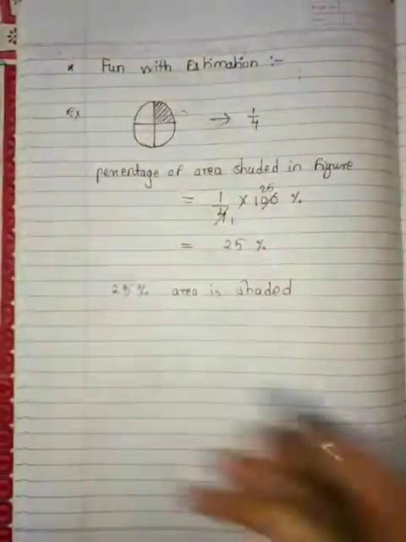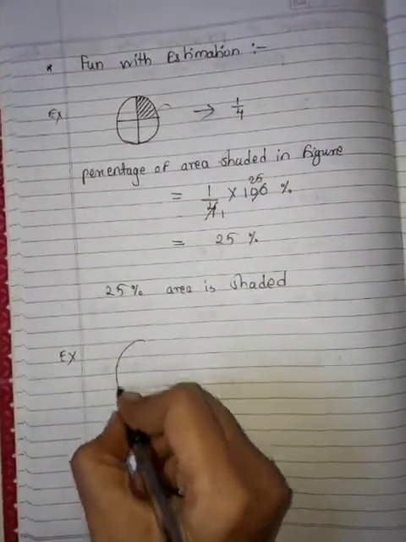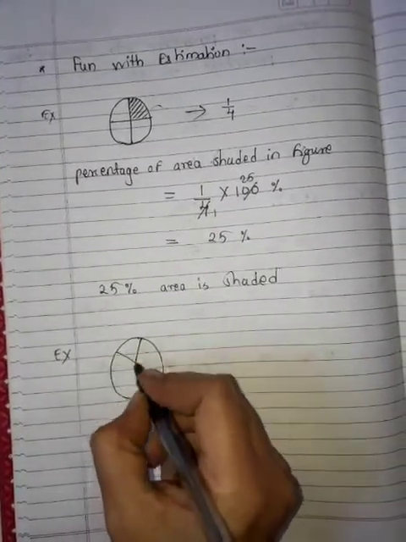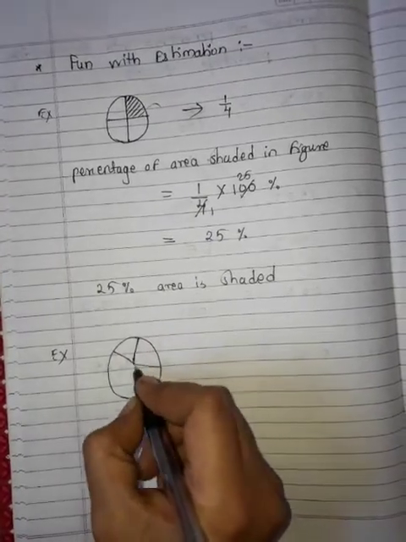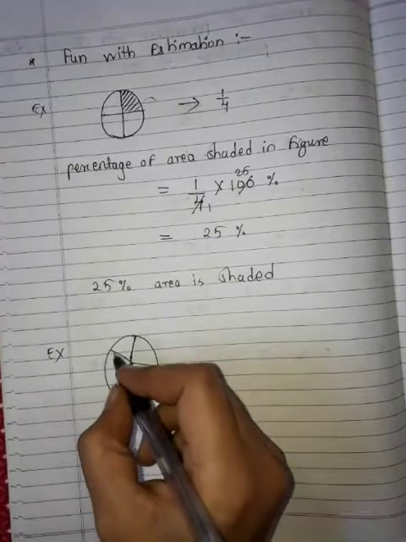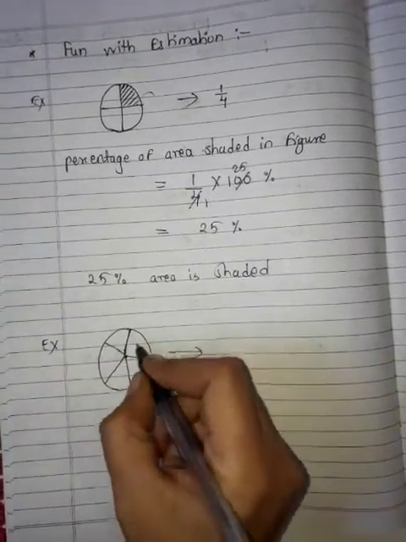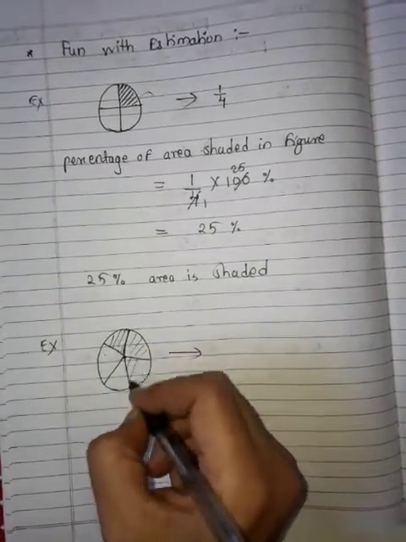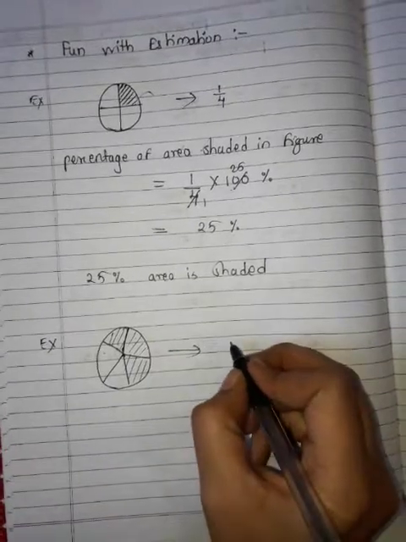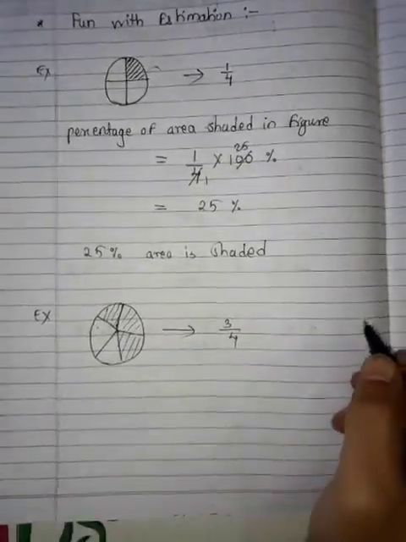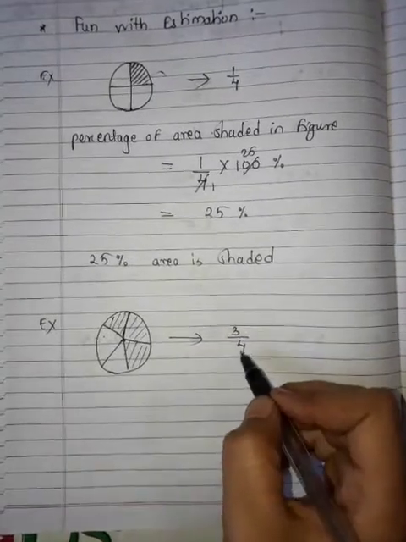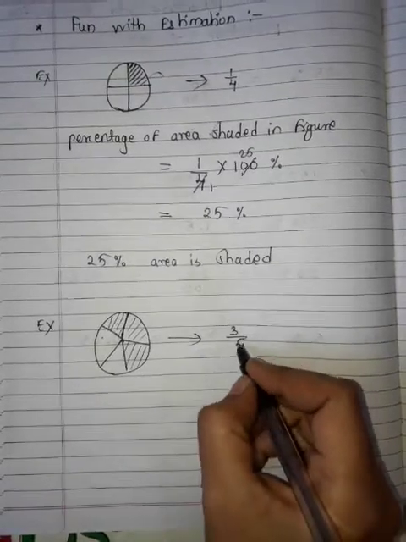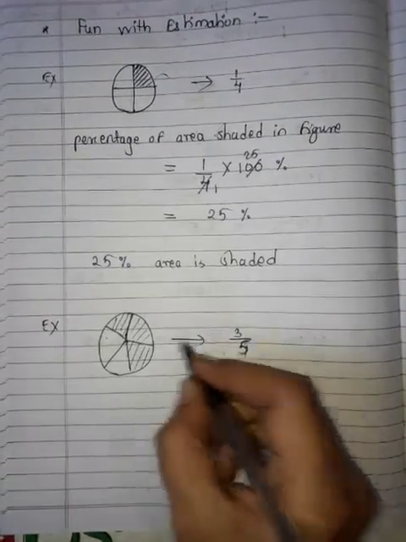Now see this figure. Suppose this whole figure is divided into 5 equal parts, 1 2 3 4 5, and out of that 3 parts are shaded. The shaded portion represents the fraction 3 by 5, because out of 5, 3 parts are shaded.